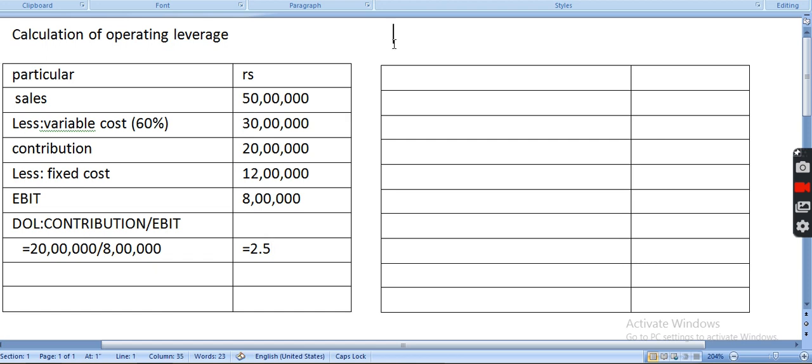So first, calculation of financial leverage. First particulars and rupees.